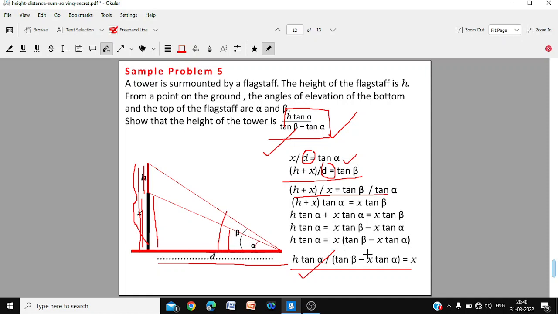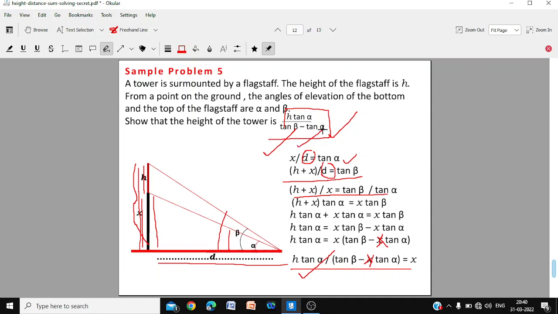Sorry, there will be no x here. X we have already taken. It would be tan beta minus tan alpha. This is what you have to show there. We have already taken the common x. So it would be h tan alpha divided by tan beta minus tan alpha. So this is what we had to show, and we have proved that.